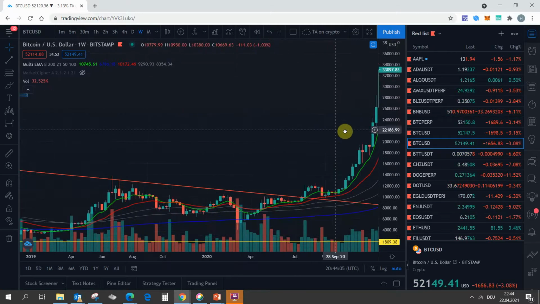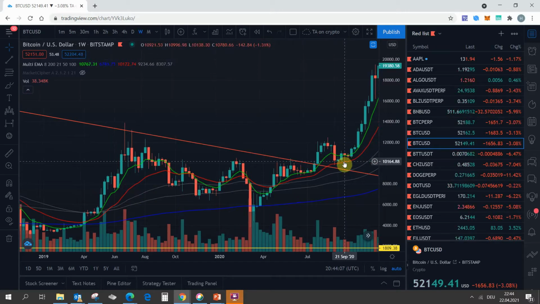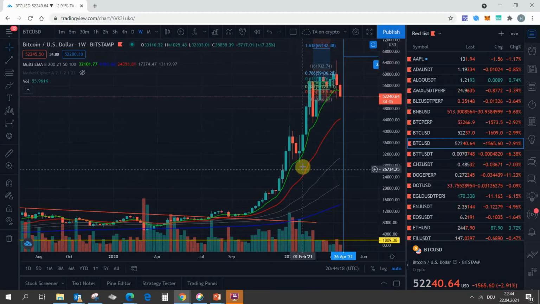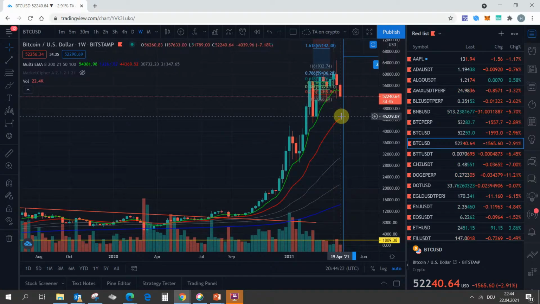But in the case of Bitcoin, we touched here sometime on 21st September, and then we bounced on 28th September once again, and after that we never ever came down, guys. So it only makes sense that we come and say hello to this once more, or at least come near it. Even if we don't touch it, at least come near like 45, 46k. Only then it kind of makes sense.